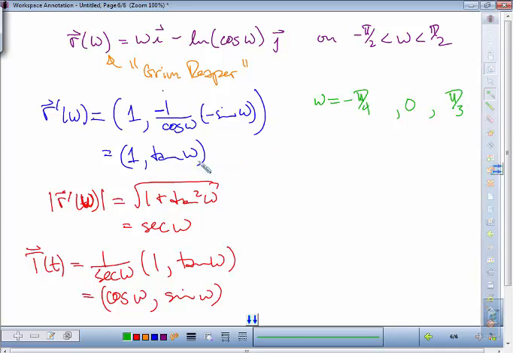Do you know what tangent of negative pi over 4 is? 1, or negative 1.